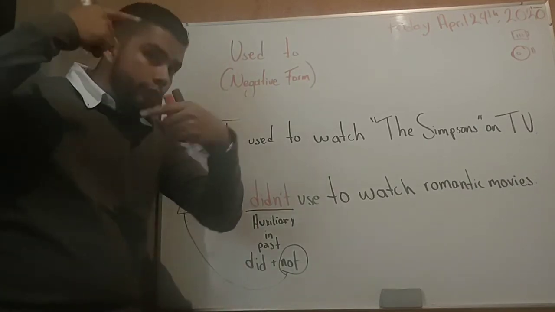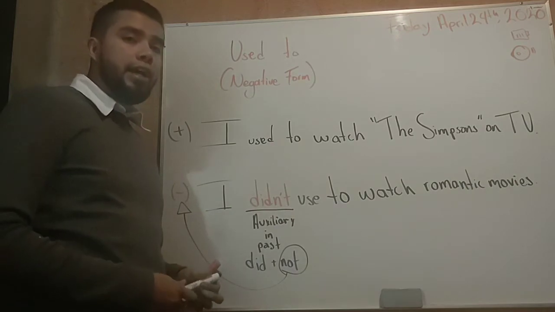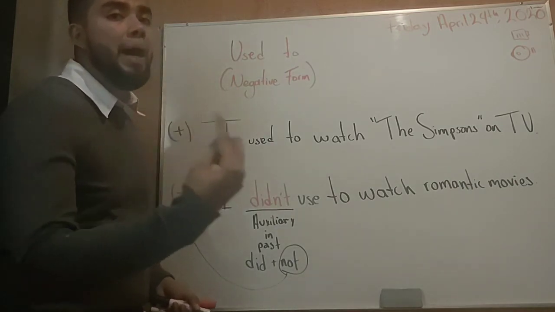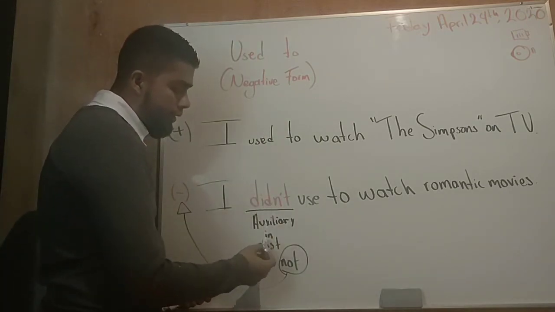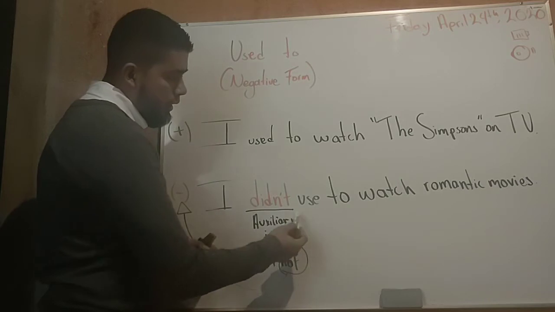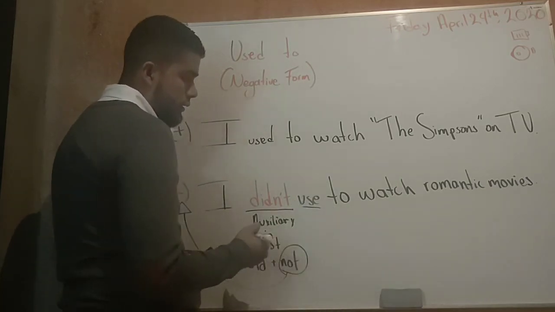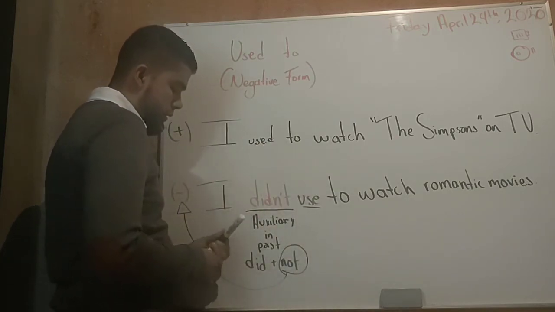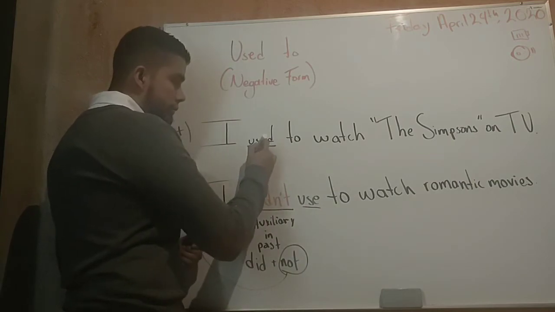Now, make your brain work. Remember, we can have only one verb that indicates past. So, if I have my auxiliary in past, use is not going to be in past because here is in past.